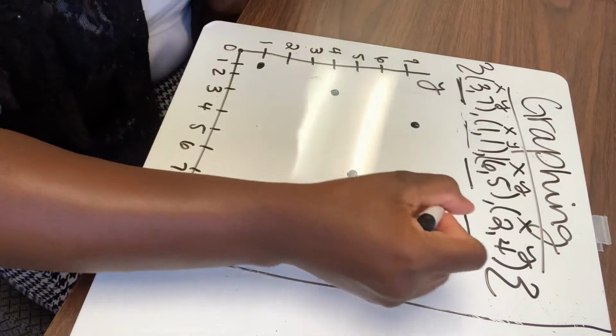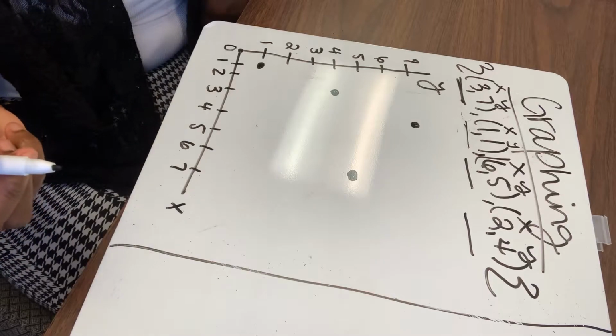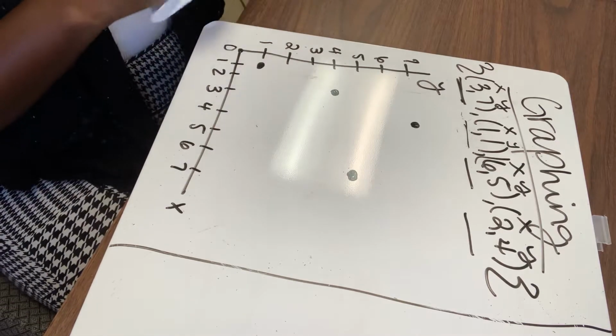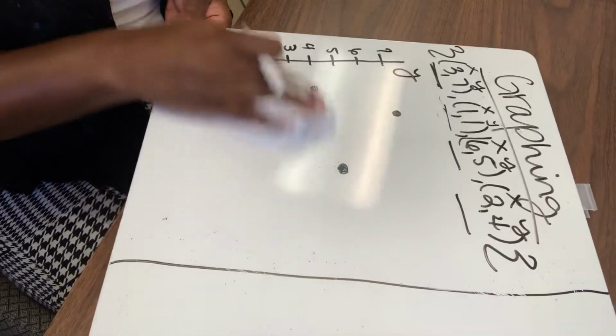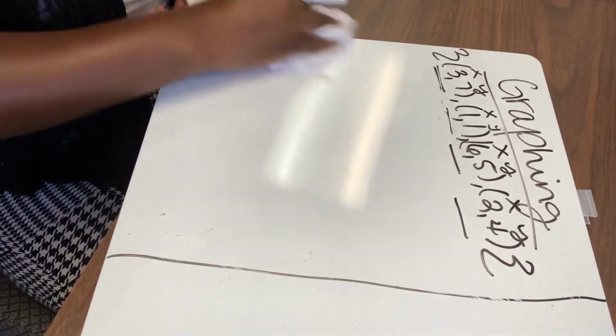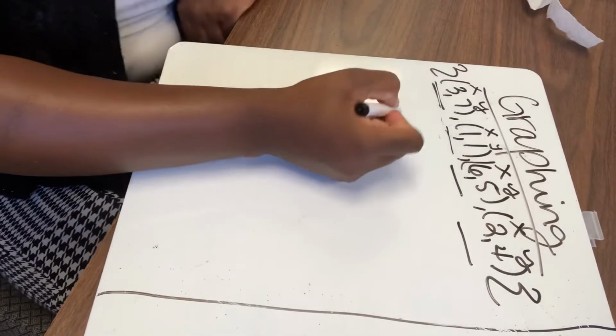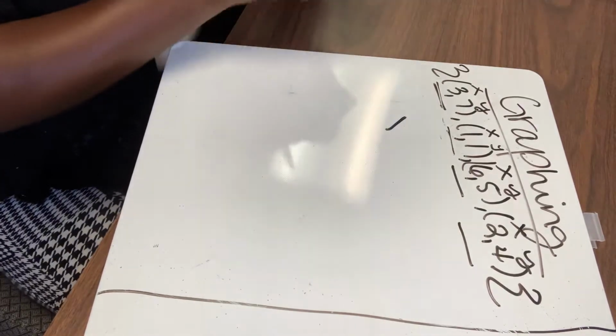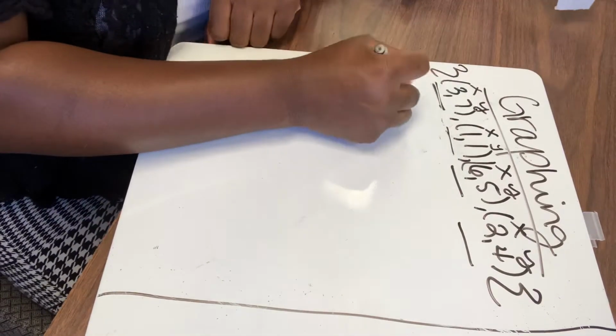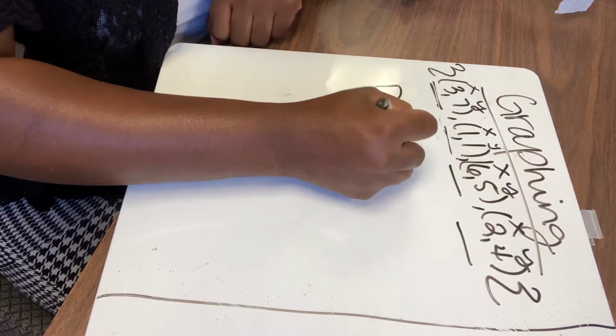Now, we are going to find our domain and range. So let's just get rid of all this good stuff here. I'm going to show you guys how to identify your domain and range. Okay, it's really simple.